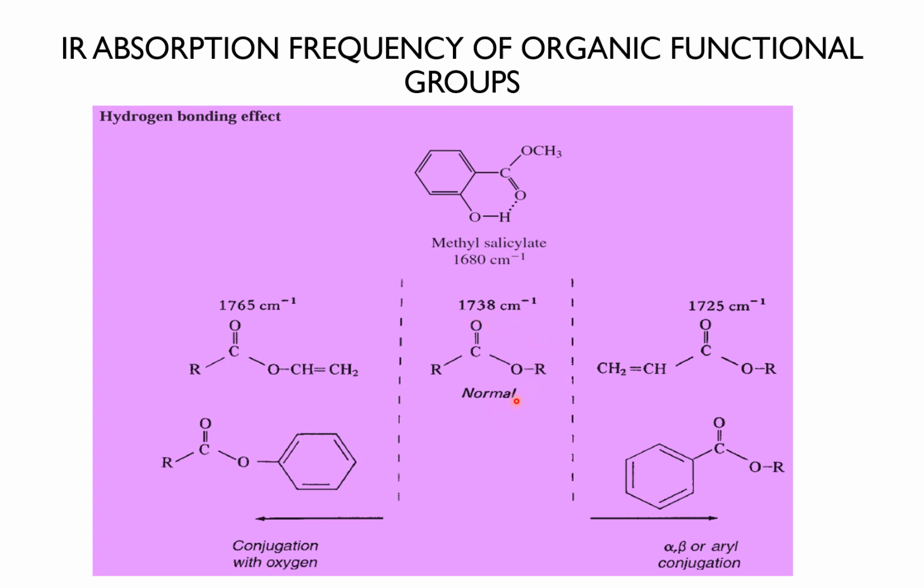And if the carbonyl group of the ester is in conjugation with the single bonded oxygen atom, then the value will be greater than 1738 centimeter inverse, in the range of 1765 centimeter inverse, because it is in conjugation with the oxygen atom. If we have an alpha beta unsaturated ester or aryl conjugation is present, then the value is going to decline. That means it will be lesser than 1738 centimeter inverse, in the range of 1725 centimeter inverse. So this is a very important thing in the ester functional group.